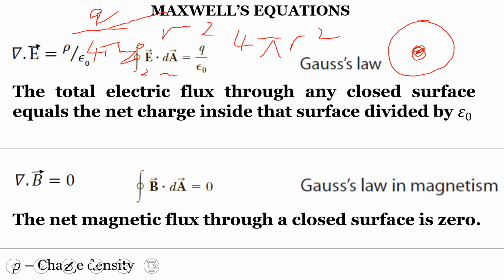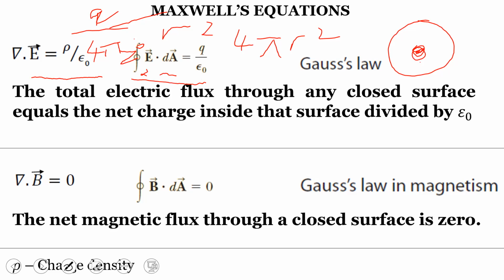The equations have also been written in two different forms, the differential form and the integral form, and they both tell us the same thing. The second one is the Gauss law of magnetism, and it tells us that the net magnetic flux through a closed surface is 0.